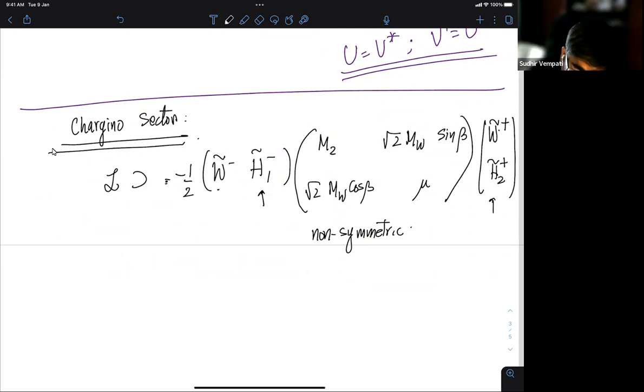Here again this comes from the soft terms. This comes from the mu term in the superpotential. This comes from a combination of gaugino and Higgsino mixing, only for the W bosons. This comes from the W tilde minus H2 tilde plus, the neutral Higgs, and this one would be H1 tilde minus W tilde plus, the neutral Higgs.